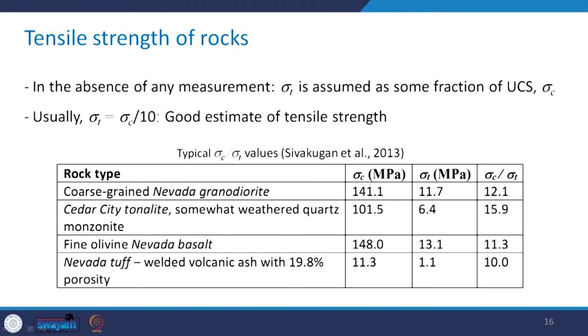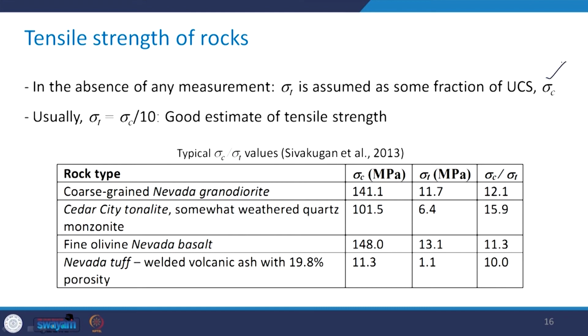Now, in case we do not have any measurement related to the tensile strength, then it can be assumed as some percentage of the UCS, that is sigma c.